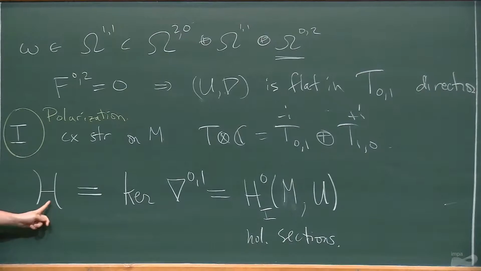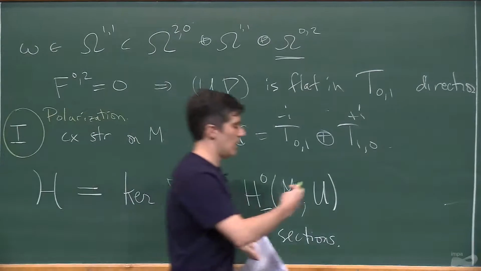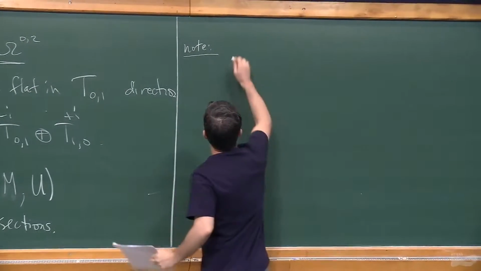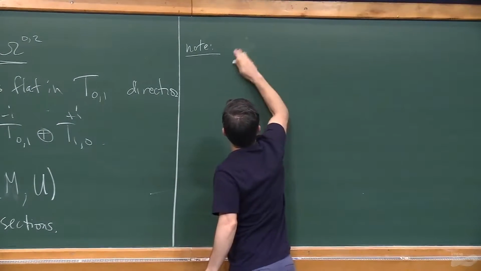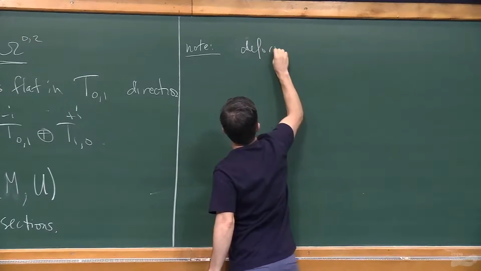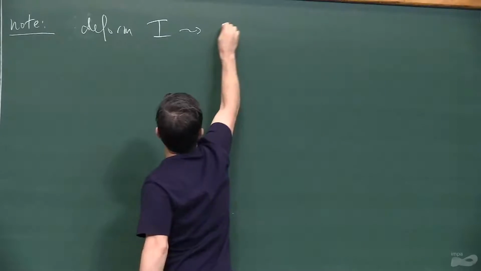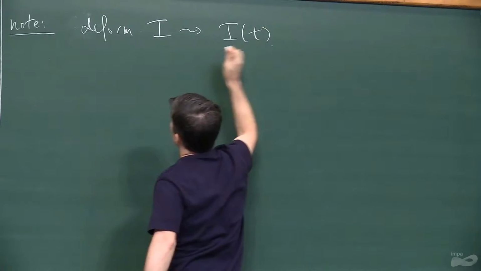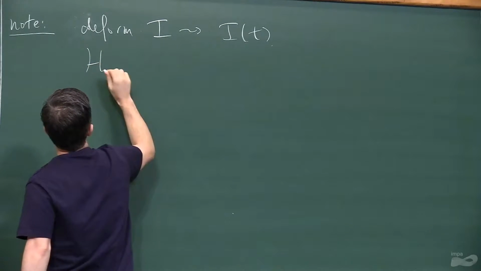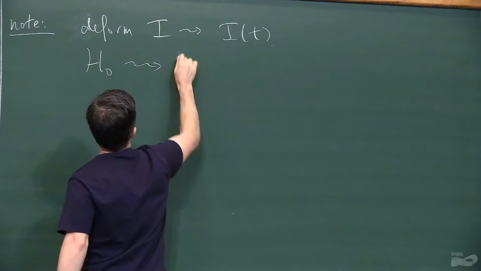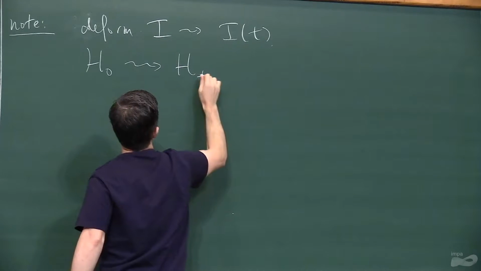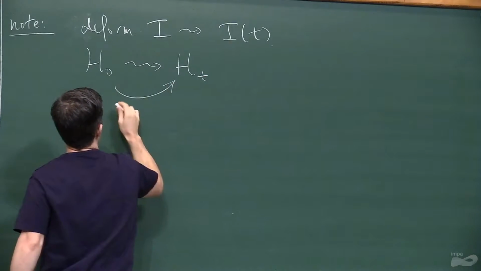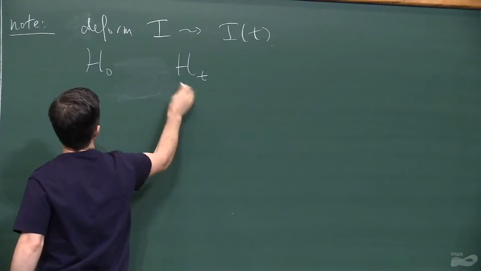And so there's a famous theorem which explains that if you deform I to some I of t, then the resulting H0 goes to Ht, and there is an isomorphism between them.